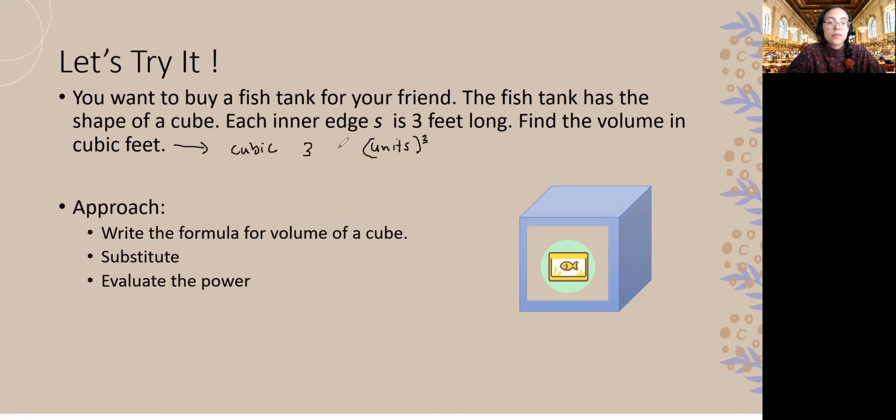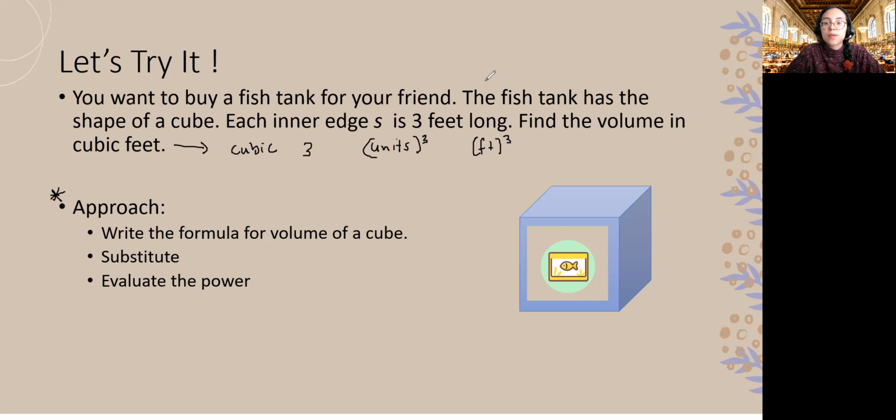So here it would be feet cubed. Okay? So our approach down here, how we're going to tackle the problem, is we're going to write the formula for the volume of a cube we just learned. We're going to substitute our side length into this formula, and then we're going to evaluate the power. Okay?